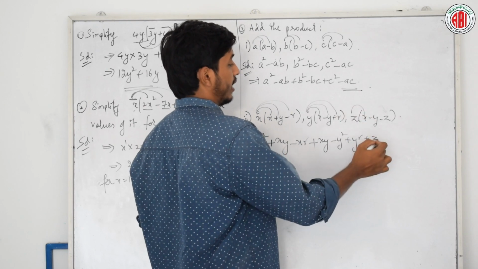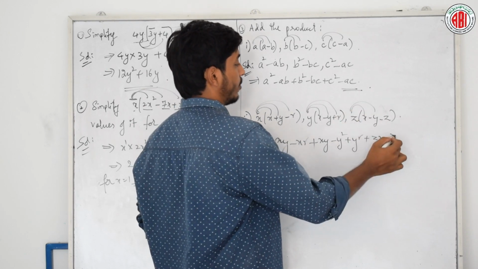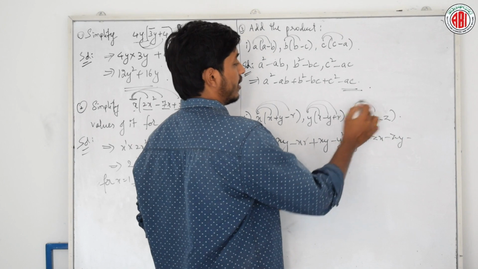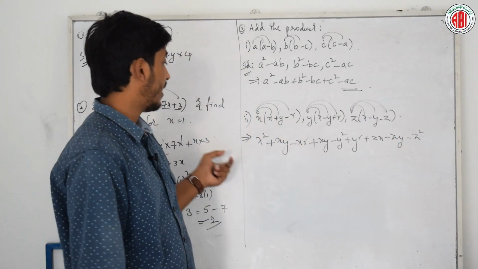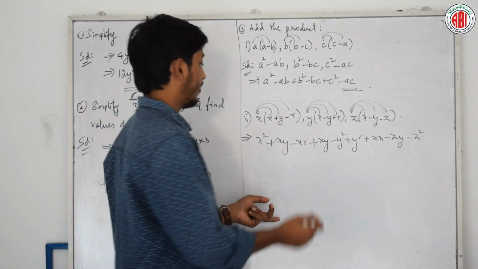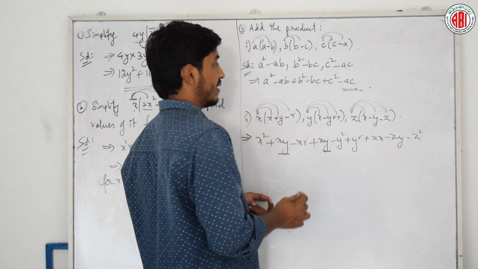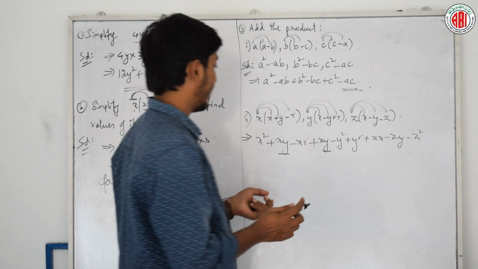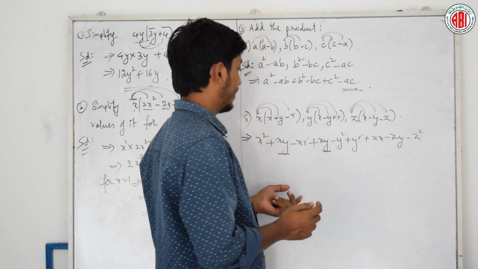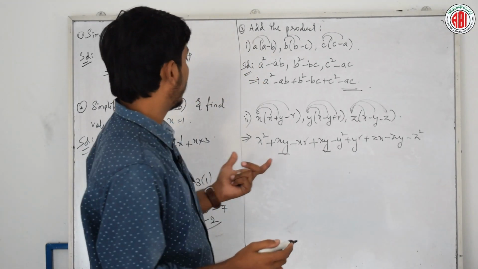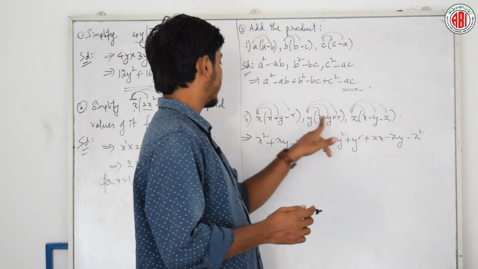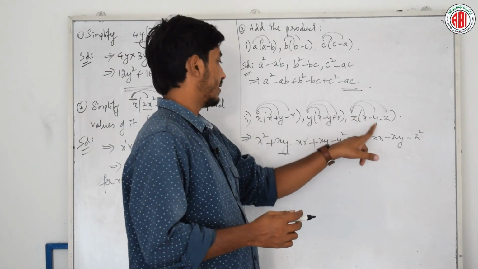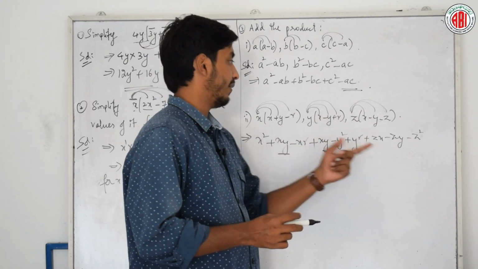Here z into x is zx, z into y is zy, here z into z is z square. Clear? Is there anything similar here? If you observe, xy is same, right? And next, still anything similar? No, right? Or else zx, no zx again, zy, no zy again.